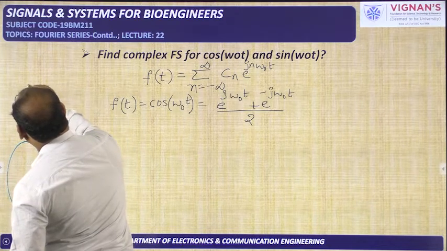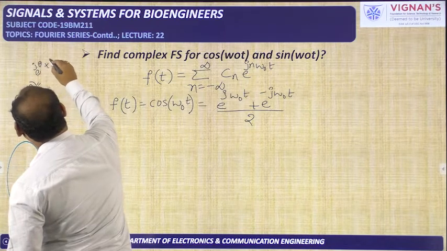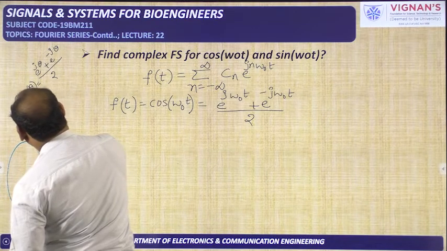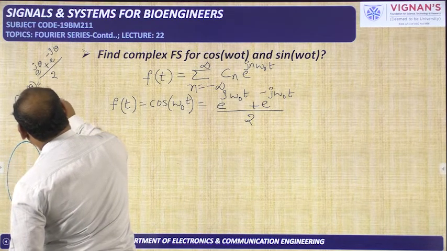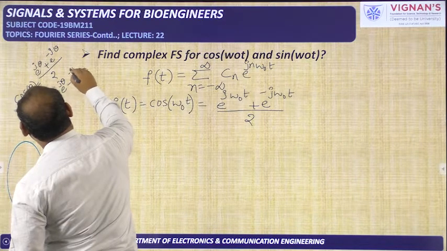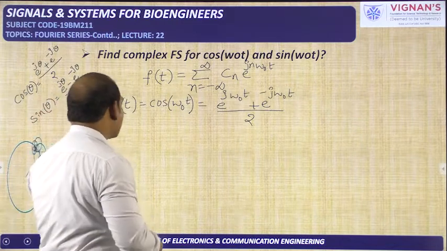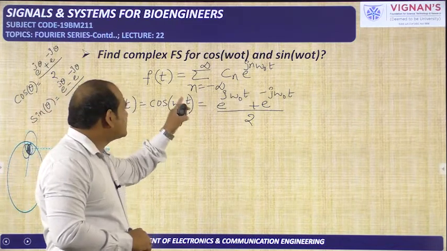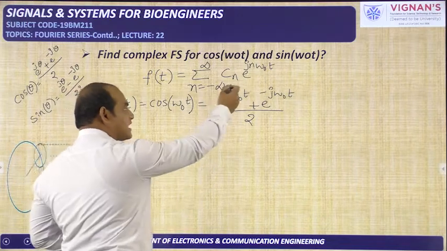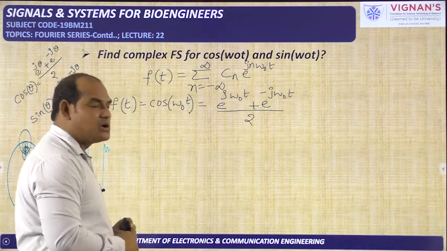Generally cos theta is equal to e power j theta plus e power minus j theta by 2. And sin theta can be written as e power j theta minus e power minus j theta by 2j. In this case theta is omega naught into t, so we can write in this manner.